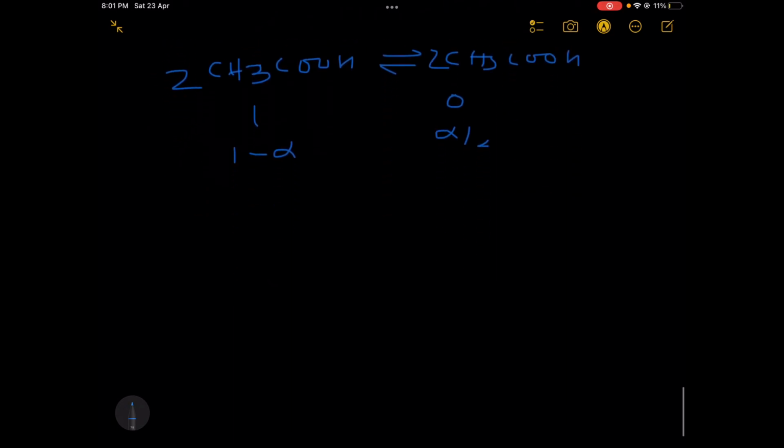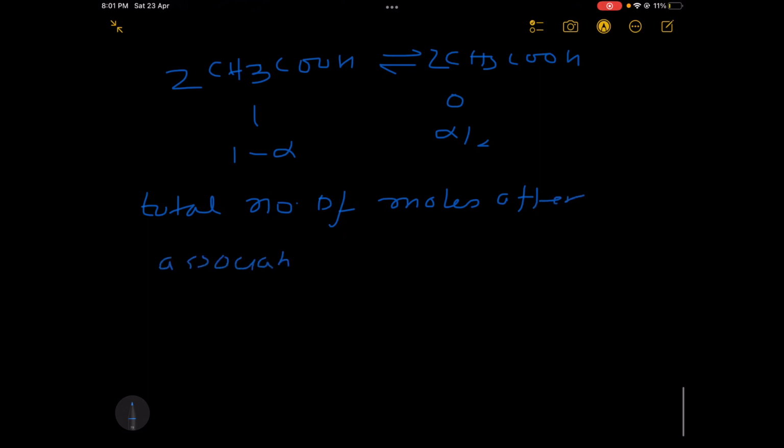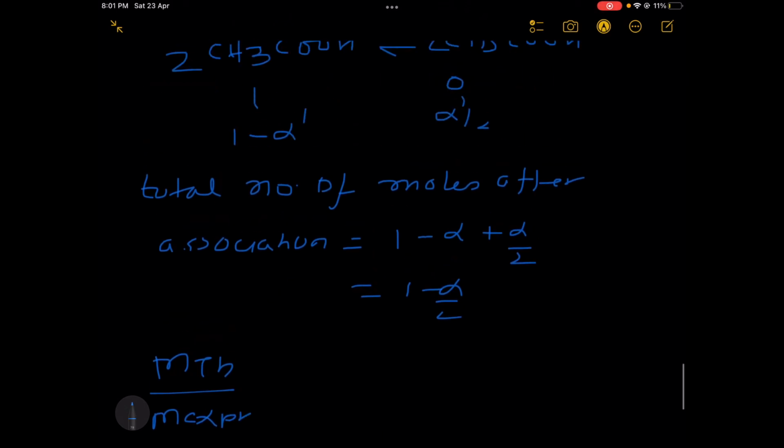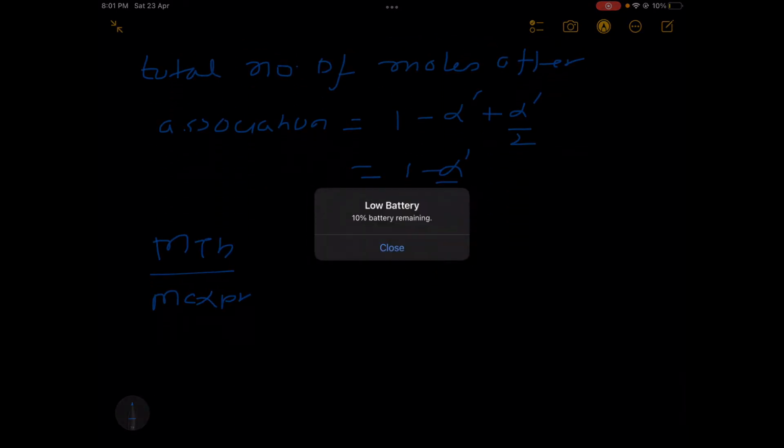So this is the total number of moles after association, which becomes 1 minus alpha plus alpha by 2, that is 1 minus alpha by 2. Here alpha, you can mark as alpha dash, so that it can be easily differentiated between degree of dissociation and degree of association.